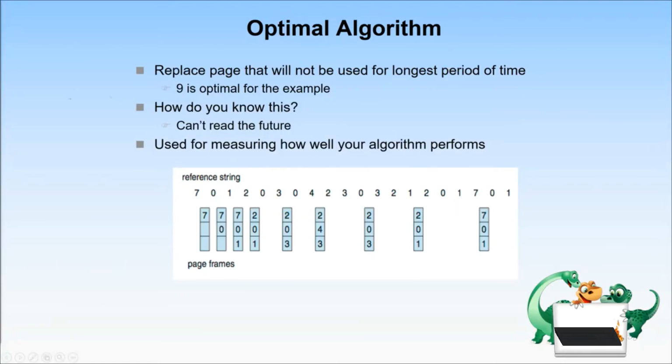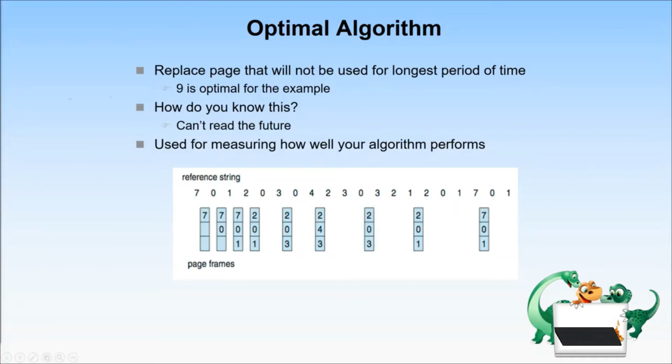Next is to plot 0. 0 is already allocated. Next is to plot 3. Now, who's the victim here, so that we can accommodate 3? 0 should not be replaced because that's next. 2 should not be replaced also because after 0 it's 2.